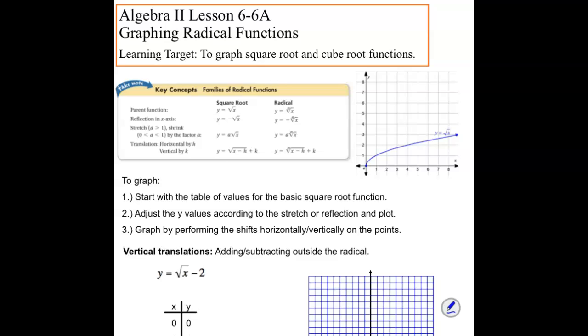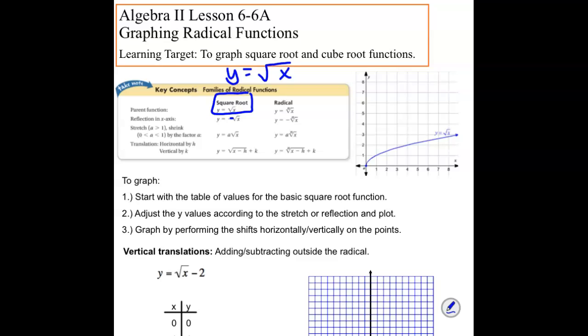So in our chart here, we talk about our parent function for a square root, just y is the square root of x. And then we can do all of those same transformations that we've been talking about all year. If we put a negative in front of it, now we are looking at reflecting over the x-axis. If we put a number in front of that square root symbol, depending on the number, it's either a stretch or a shrink.